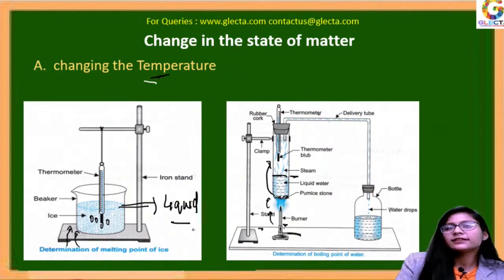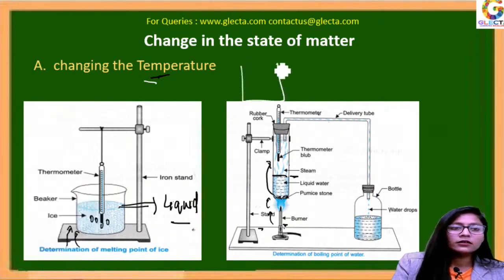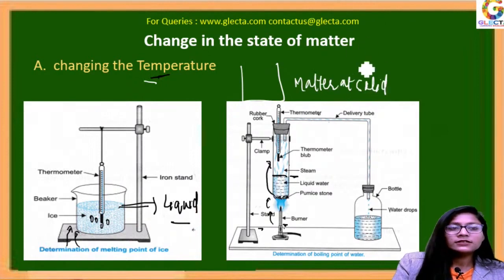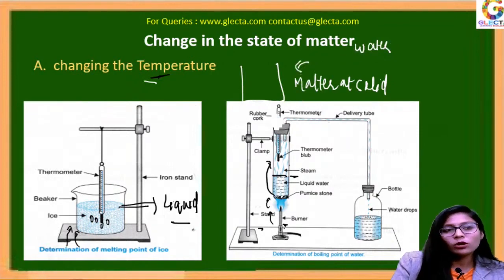Can you please draw the particles of matter in the solid state? This you have to draw for water. How will the particles be visible if the water is in the solid state?